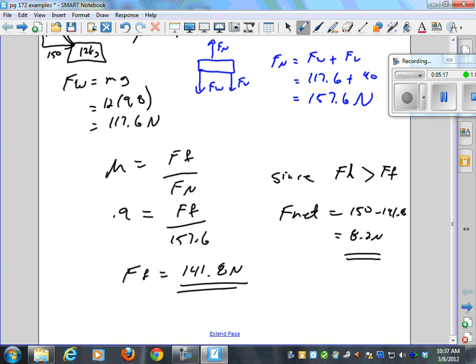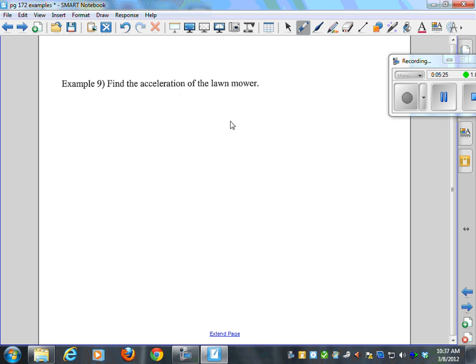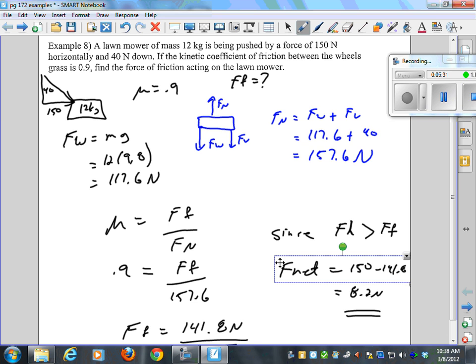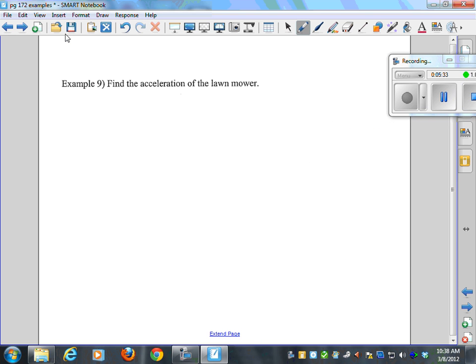And in fact, I think, if I'm not mistaken, example number 9 actually asks us for the acceleration of the lawnmower. So what would be the first step of finding the acceleration of the lawnmower? It'd be this thing right here. I'll maybe just rewrite it. To find the acceleration of the lawnmower, we're going to say F net is equal to horizontal component plus friction.